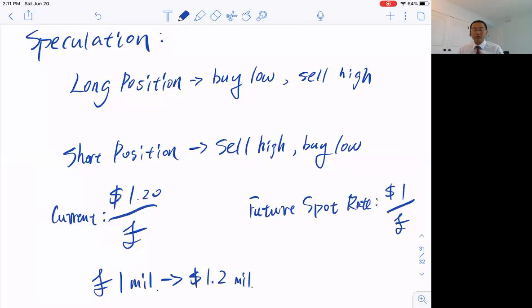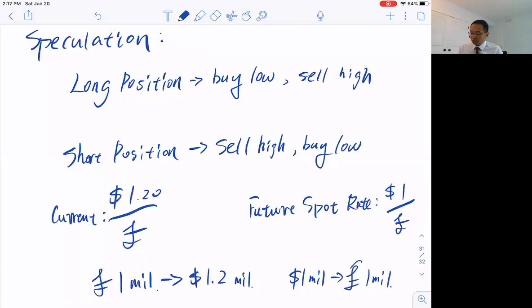And then let's say your expectation actually comes true. The pound does depreciate. So in the future, what you'll do is you will spend $1 million to get 1 million pounds once the exchange rate goes according to what you expected, the pound does depreciate.